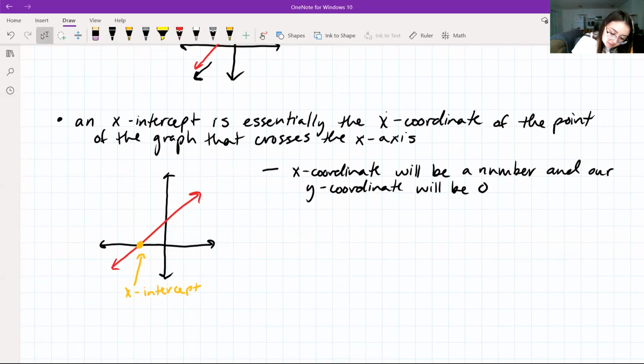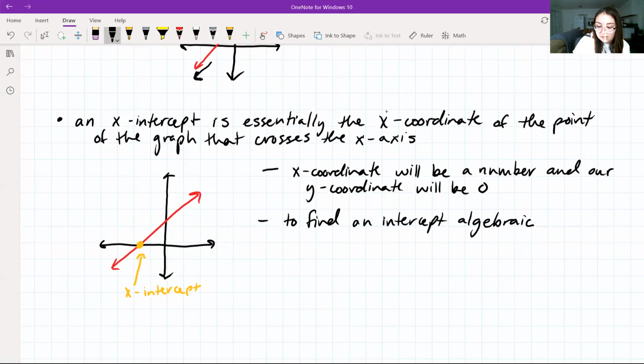So to find an intercept, in this case an x-intercept, algebraically, I don't know if I spelled that right. Algebraically is the word I'm trying to say.